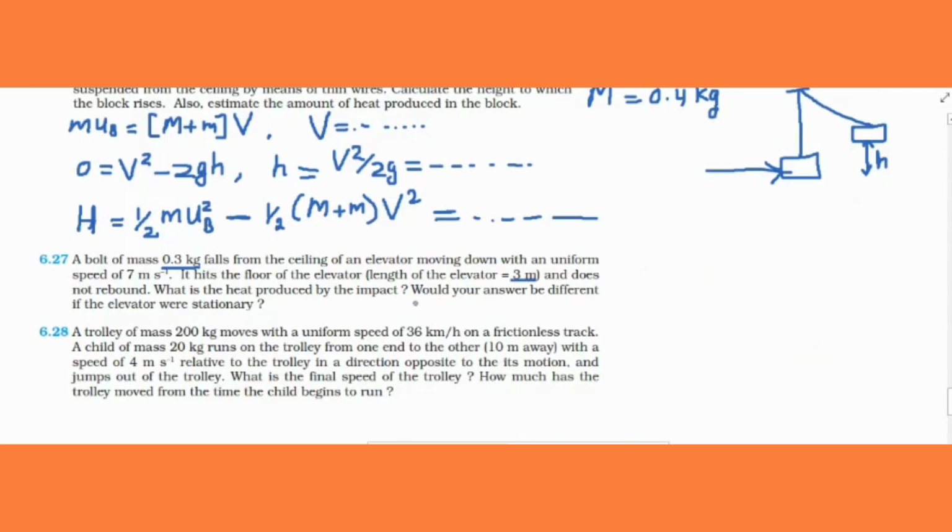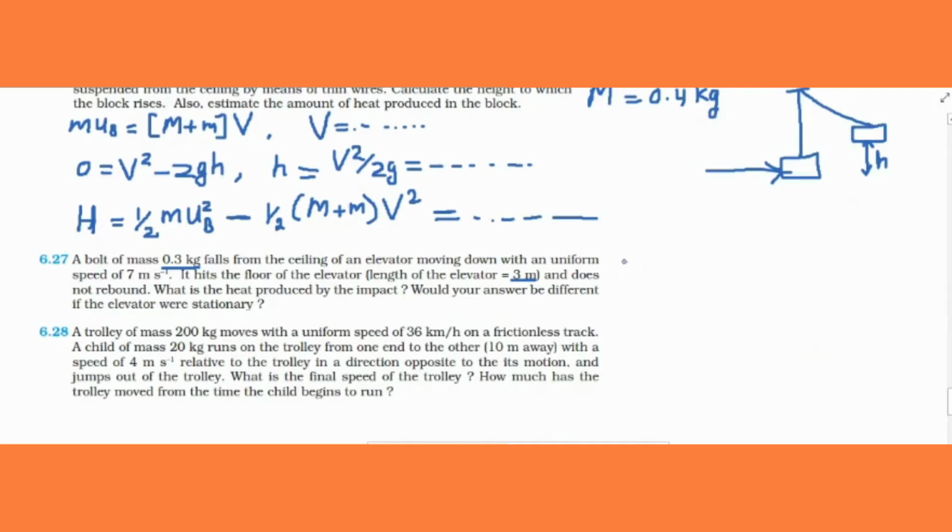That means the height is 3 meters, and it does not rebound. What is the heat produced? Not rebounding means whatever potential energy it had in the beginning is converted into kinetic energy and then again converted into heat energy. The whole energy is lost in the form of heat. That is why it does not rebound.